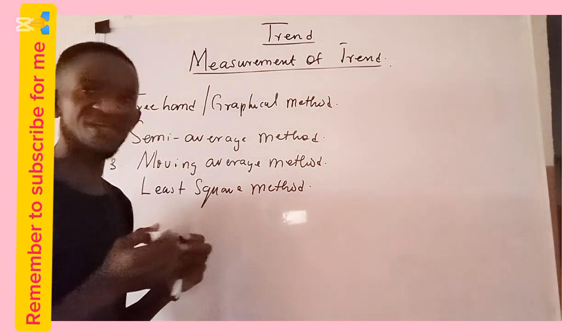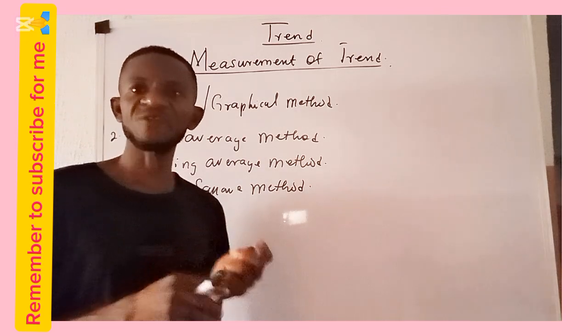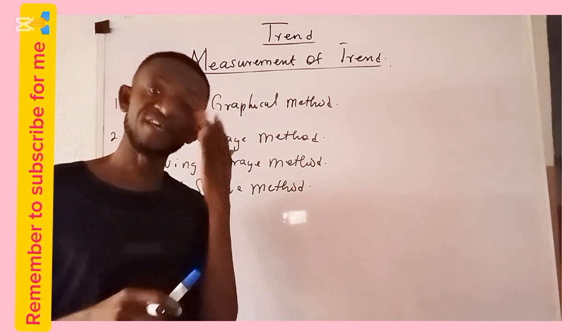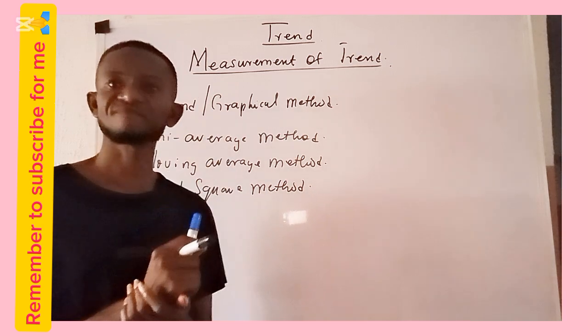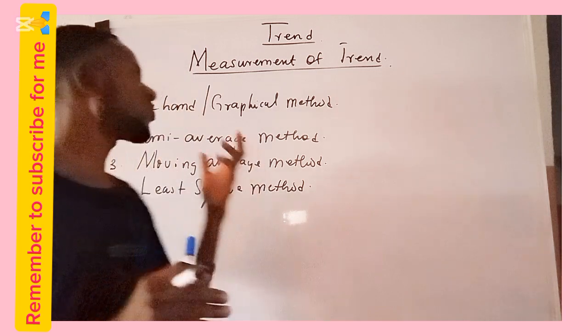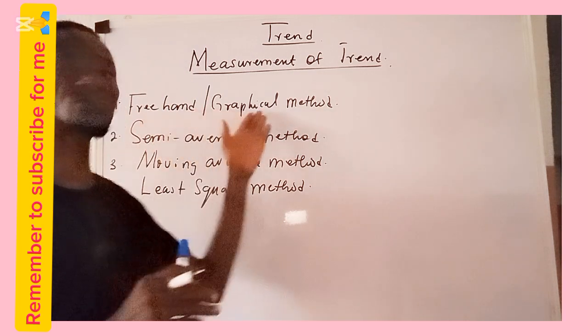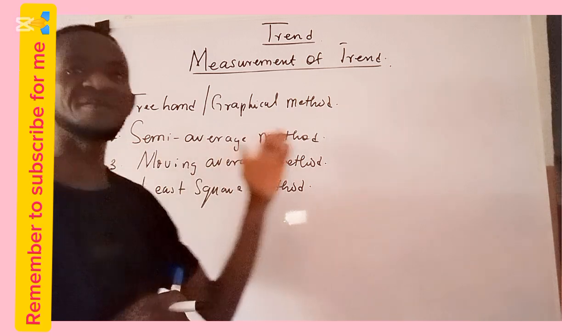These are ways through which we can measure the effect of a trend in time series data or observations. Today in this class, we are going to look at the freehand method and equally the semi-average method.